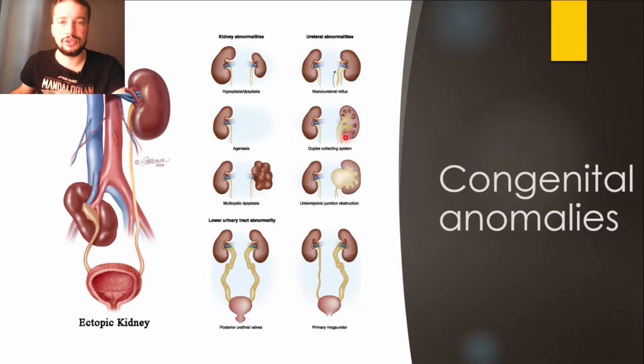Duplex collecting system, when we see a two-cup system of the kidney. Uretero-pelvic junction obstruction, when we see a not normal type of ureter. Yeah, we see some obstruction there. And primary megaureter, when we have a big ureter.